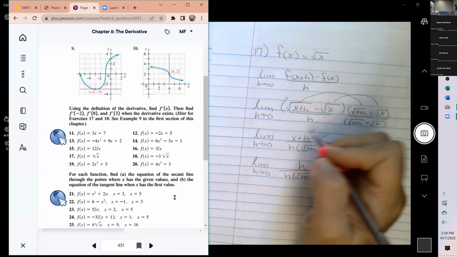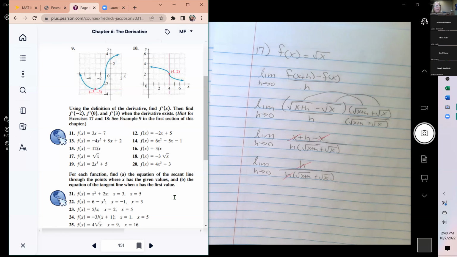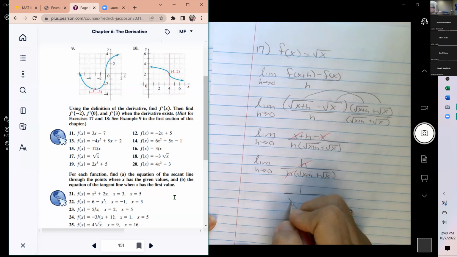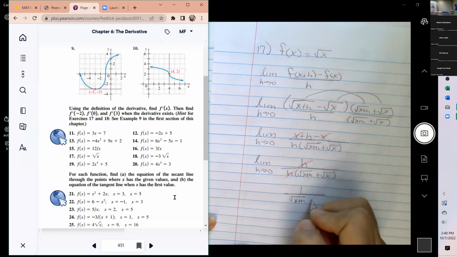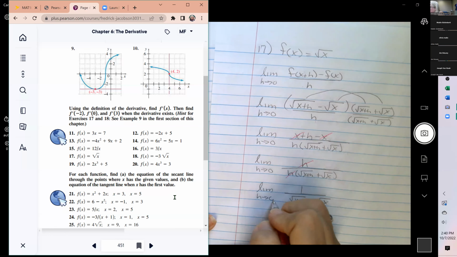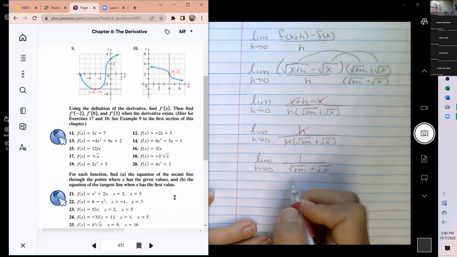So here these two canceled. And now this will cancel, but when those cancel, what am I left with in the top? Anyone? Yes, a 1. Now that this h canceled, we can plug the 0 in.